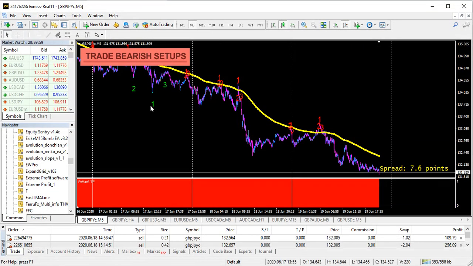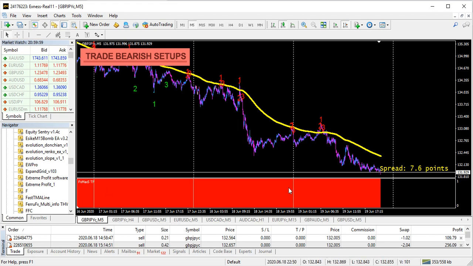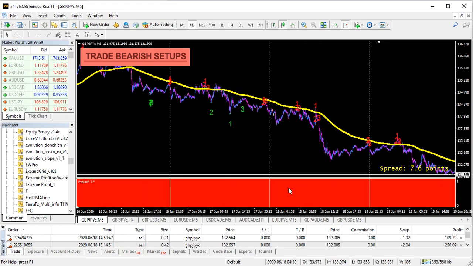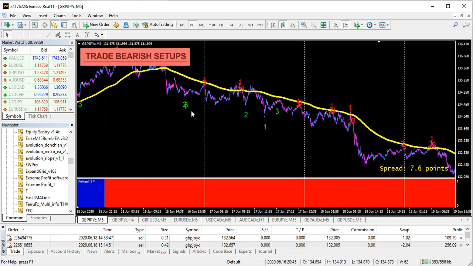So let's go to Genesis 3. As you can see, it's easy to follow if you have been following the Genesis system. You have the trend indicator. Then you have a confirmation here, trade bearish setup, which means trade only for sell.